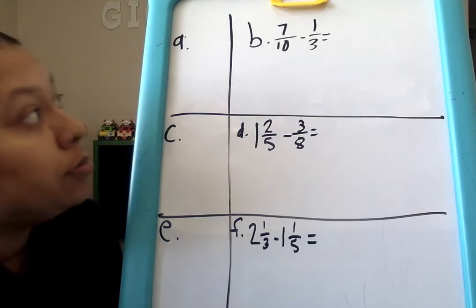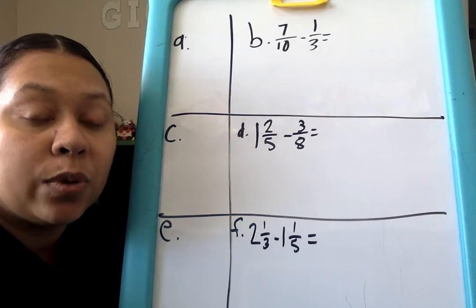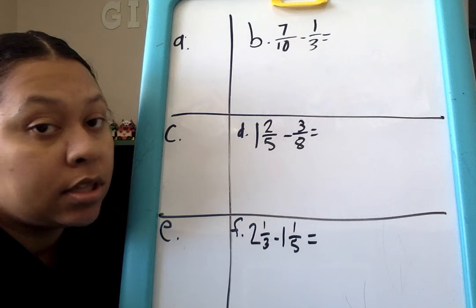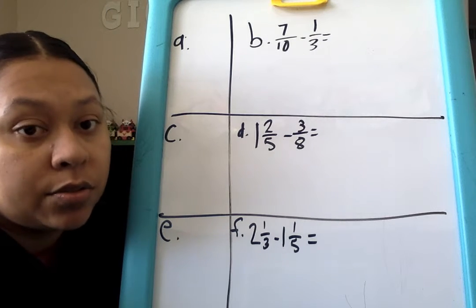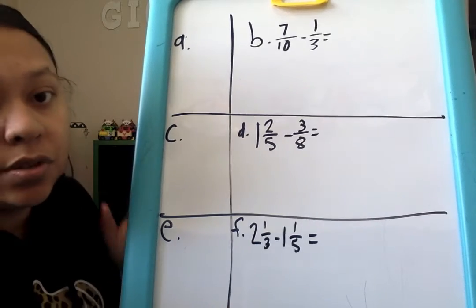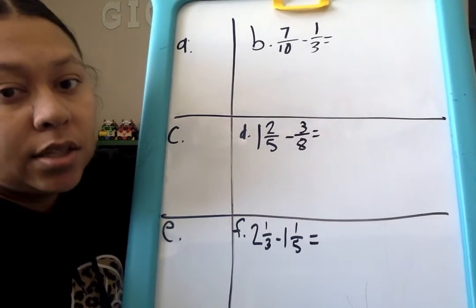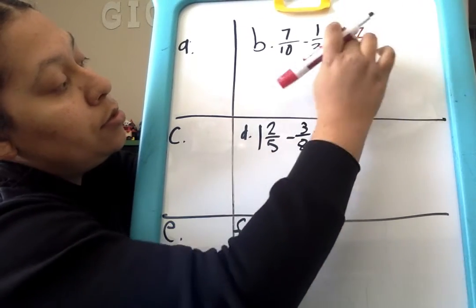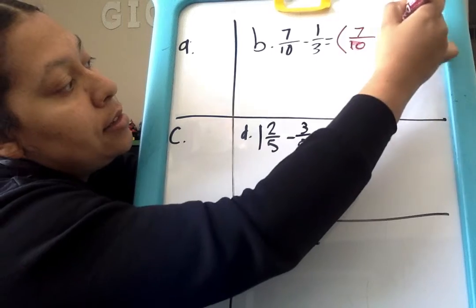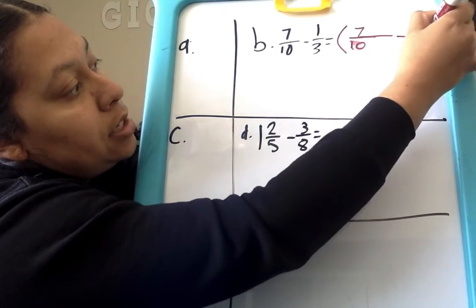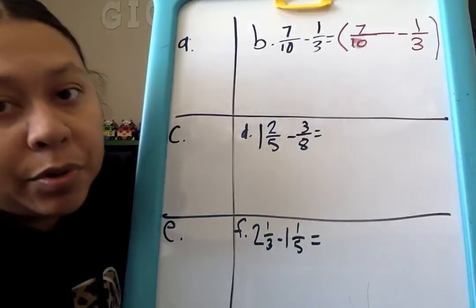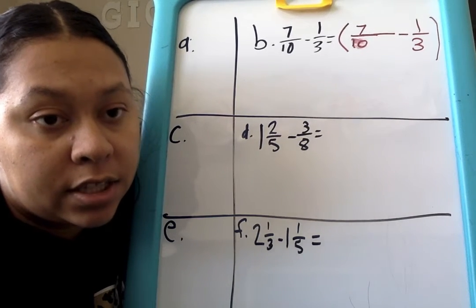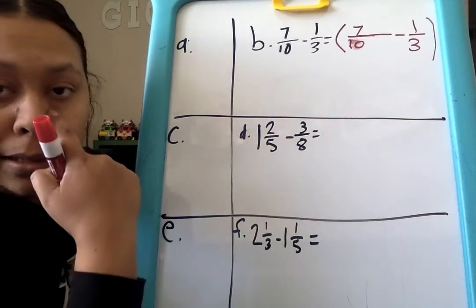So B, we have 7/10 minus 1/3. If we're looking at our denominators, we have tenths and thirds. Those are not like units, so we need to make like units by using multiplication. So we would have 7/10 minus 1/3, but we need to rewrite it with multiplication in the fraction in order to make the denominators the same.